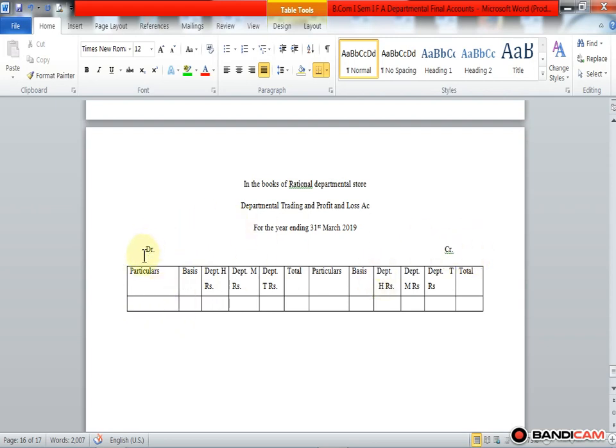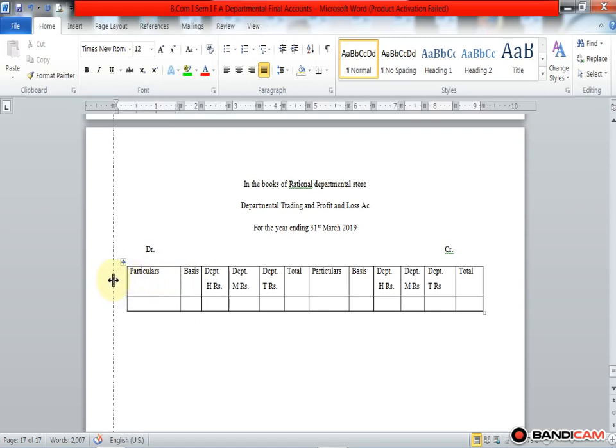Debit side: particulars, basis, department H rupees, department M rupees, department T rupees and total. Okay, so the column is prepared. Now we solve this problem.